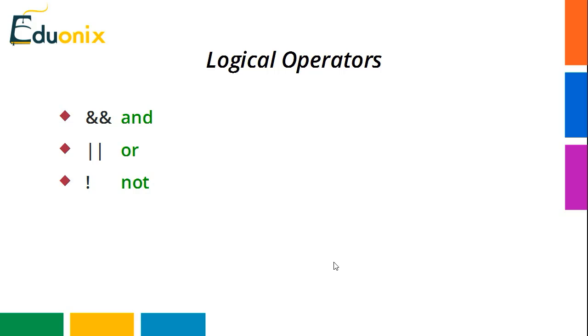So you can use the outputs of those comparison operators. They yield Boolean outputs, and they can be used with these logical operators, because these logical operators, instead of comparing numerical values, they compare Boolean values. And they compare them in a very specific way. So this AND statement, the double ampersand sign, will compare two Boolean values, and it will yield a Boolean itself.